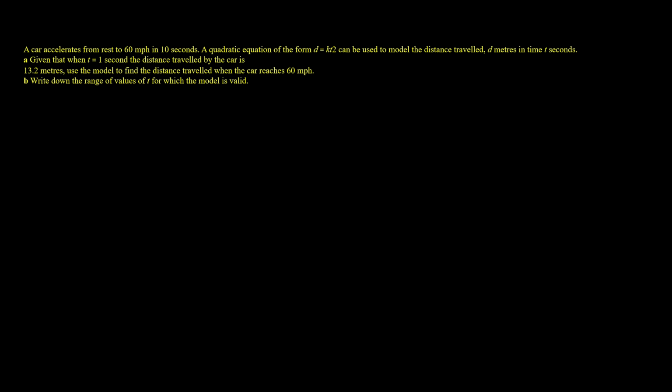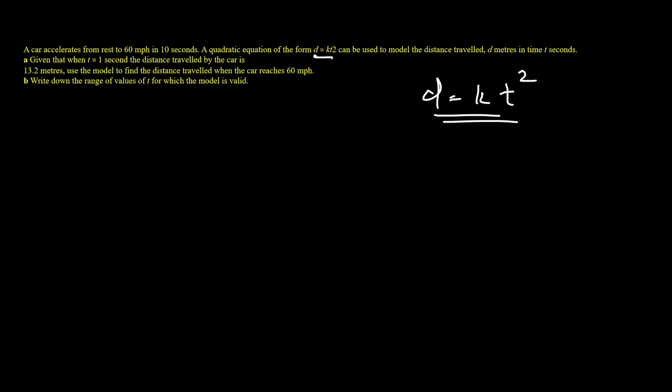Now as another example, a car accelerates from rest to 60 miles per hour in 10 seconds. The motion of the car can be expressed by this formula: d is equal to kt squared, where d is the distance in meters, k is some constant, t is time in seconds.